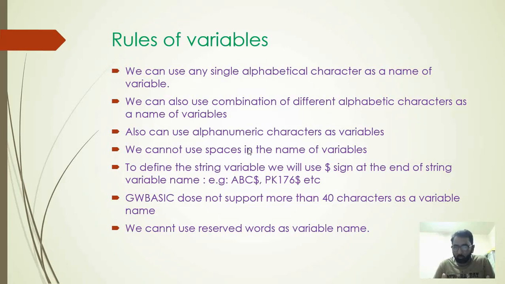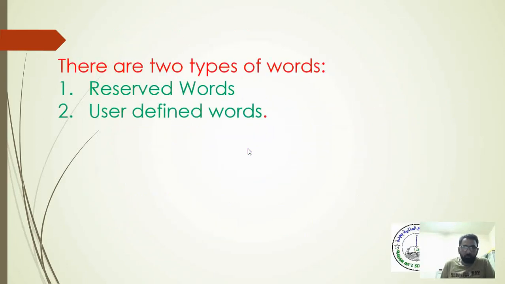Reserved words, what are they? I will discuss them in the last slide, but I will give you some examples. Reserved words are words which are already defined by the language creators. They produce these reserved words, and we can call them by their function names and they will be executed. So they cannot be used by the programmer as names in the program.